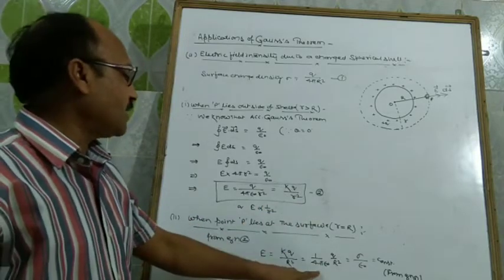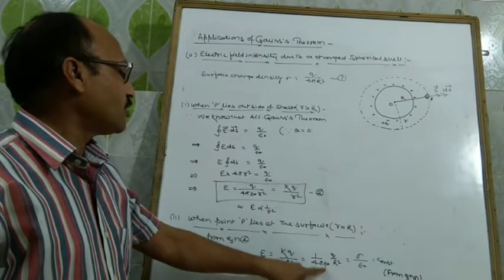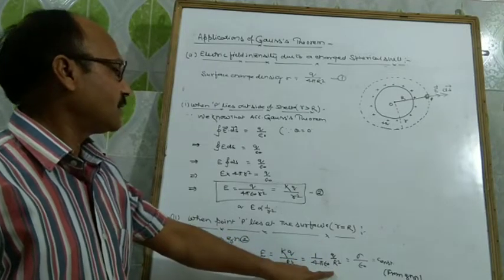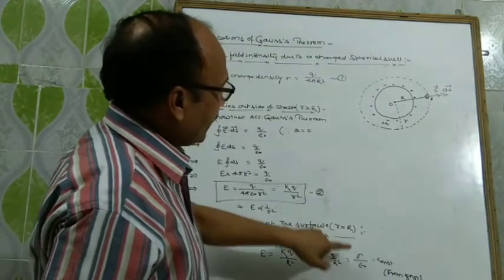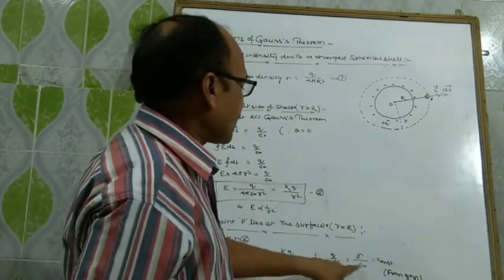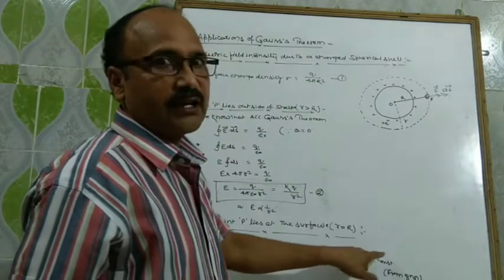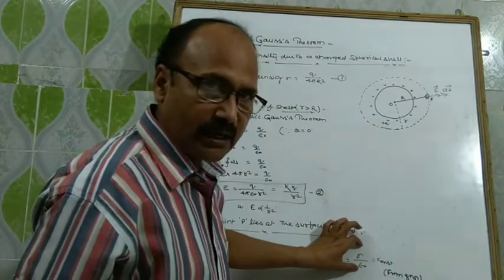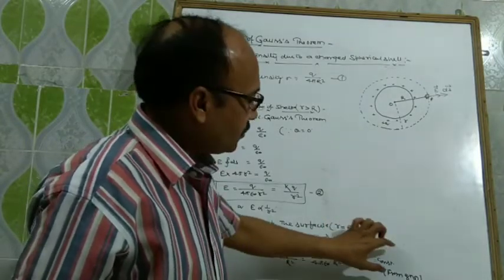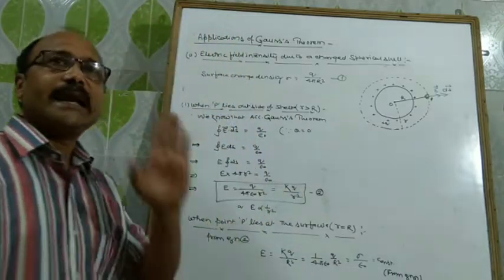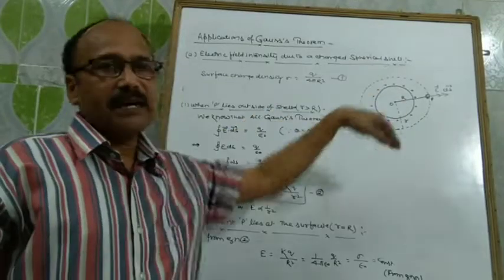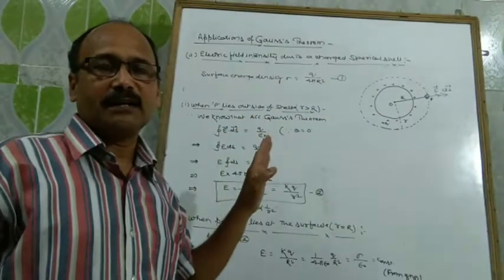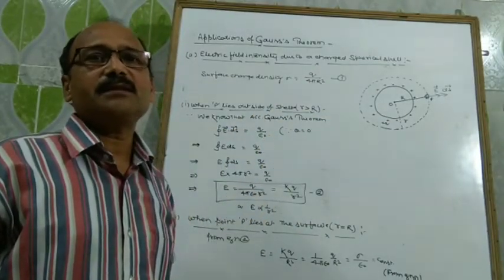This can also be written as 1 upon 4 pi epsilon naught q upon R square. From equation first, this equals sigma upon epsilon naught. This is a constant quantity. So at the surface of a charged spherical shell, the electric field intensity remains constant.